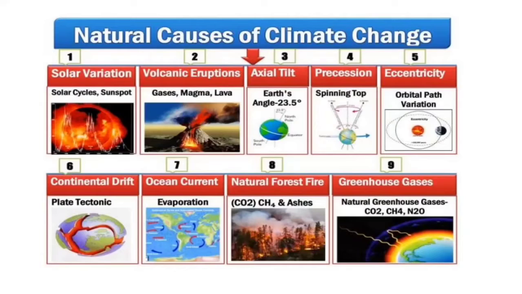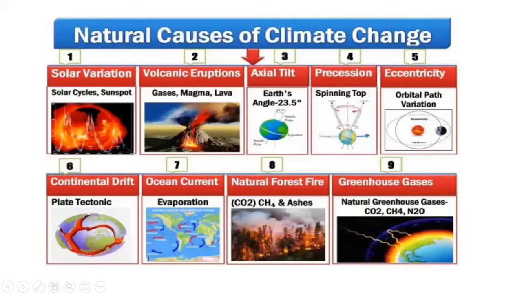Sixth, continental drift. Continental drift refers to the slow movement of the earth's tectonic plates, also known as shifts in the earth's crust. Seventh, ocean current. The ocean current is a natural cause of climate change on the earth, formed from the continuous movement of ocean water. It is generated from the ocean wind, gravitation of the moon, breaking waves, temperature, and rotation of the earth.